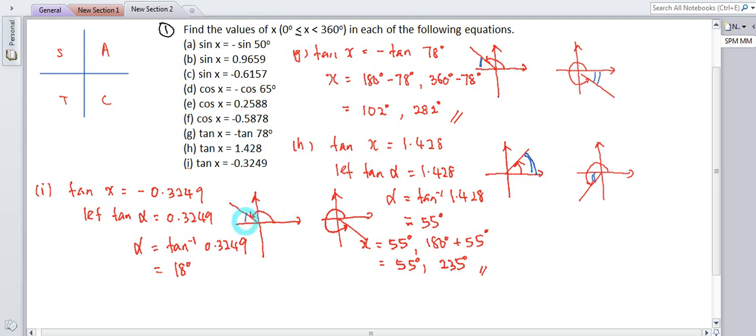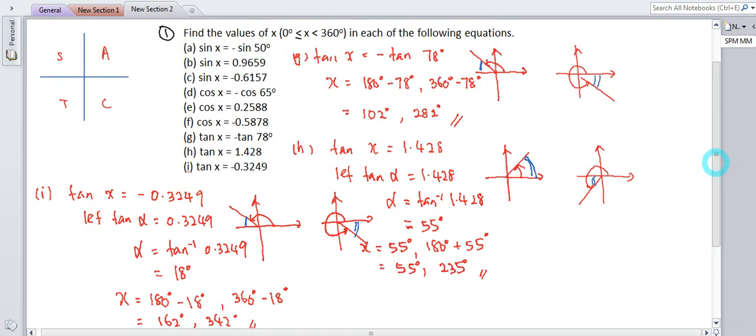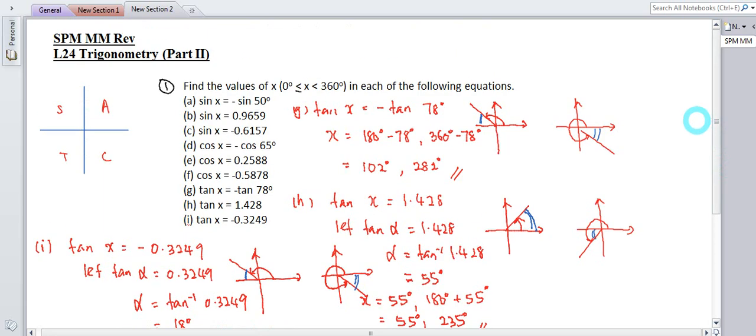The 18 degree is actually over here or here. Okay, now we know that x is actually equal to 180 minus 18 degree or 360 minus 18 degree. So it's equal to 162 degree or 342 degree. Okay, so let's go to the next questions.